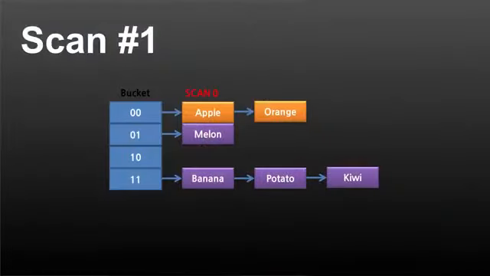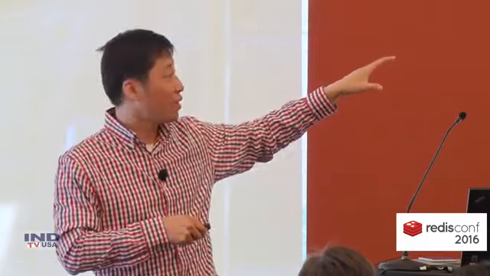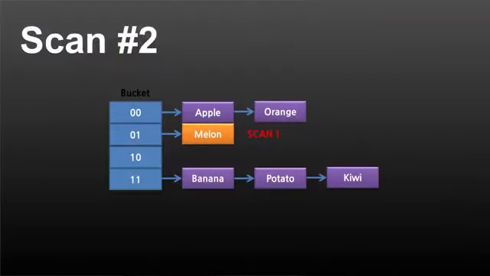If you start the scan command, you scan with 0. 0 means the start cursor. So if you send scan 0, at that time it returns only one indexed bucket. This time it will return apple and orange and the next cursor, which will be 1. And if you send scan 1 using the returned cursor, you get melon.